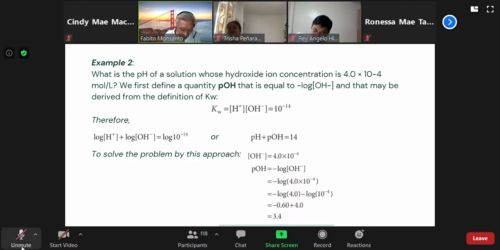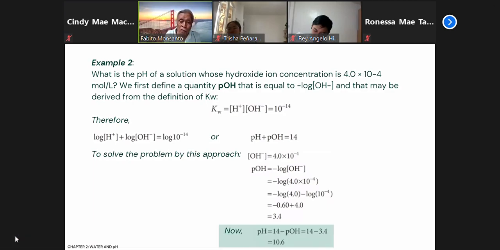So the dissociation constant of water equals the concentration of hydrogen ion times the concentration of hydroxyl ion equals 10 to the minus 14. So pH plus pOH equals 14.